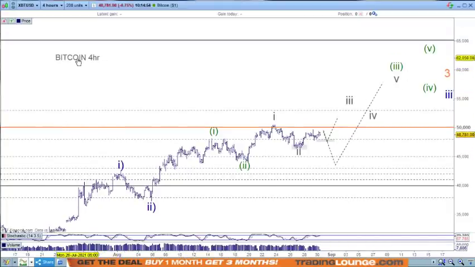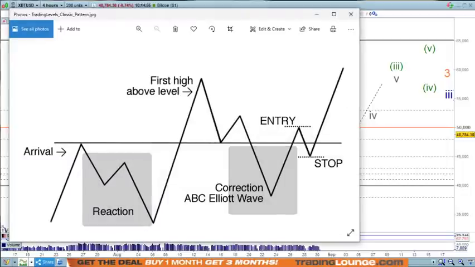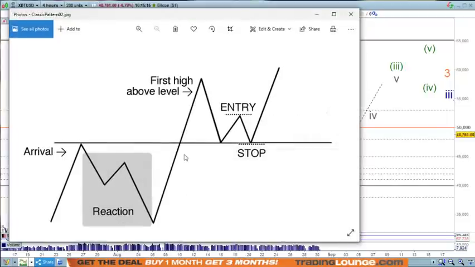I also do want to point out that normally when we get to a level like, say, over here, we'll get some sort of variation of the classic trading levels pattern. Now, the arrival, the reaction which we've had, and the first high above the level, and then the ABC pattern that can pull back down further down here, or it can just sit squarely on this level and move up from that point.